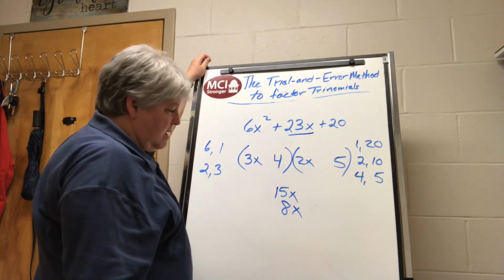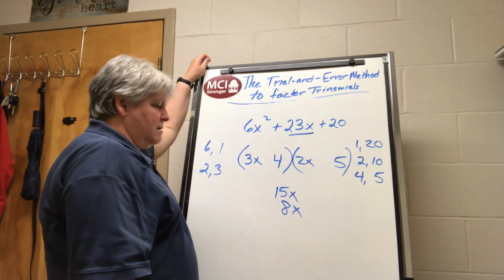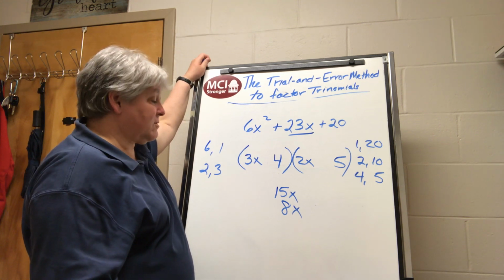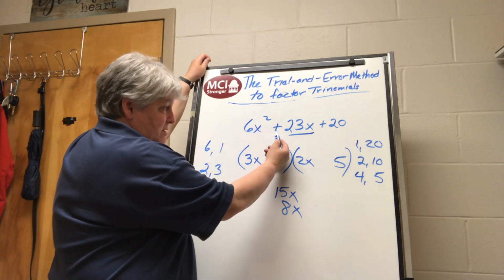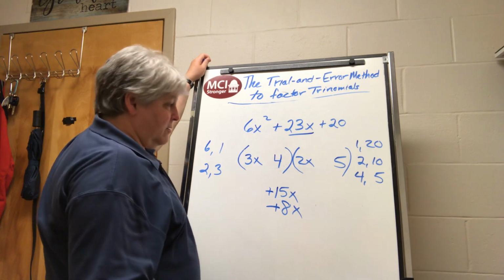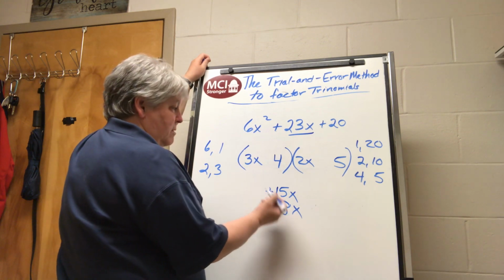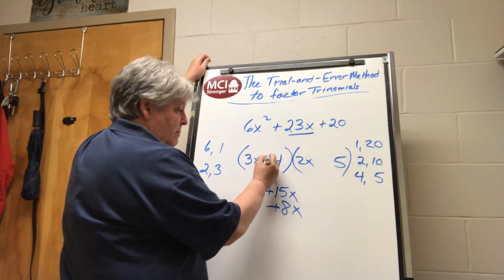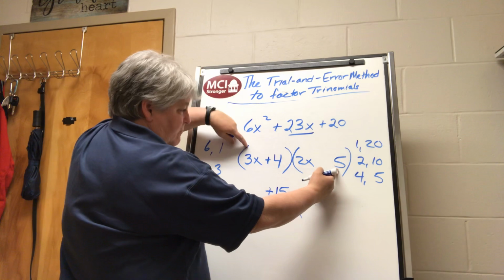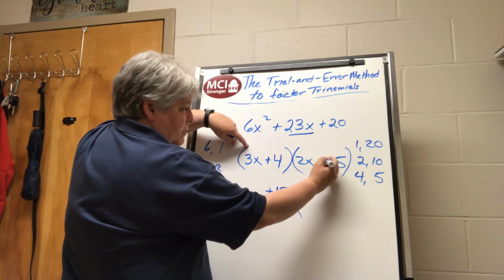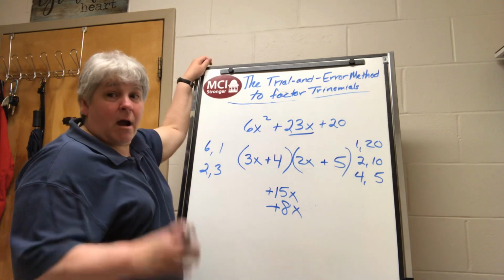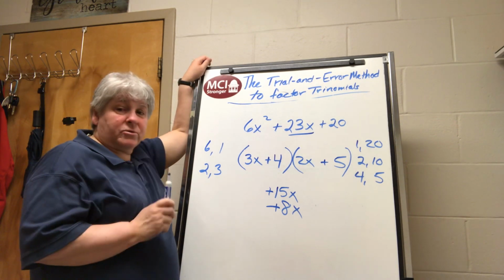So you take your calculator and you add 15 and 8, and you get 23x, if both of these are positive. So what I do is I come up here, here's where the 8x came from, I'll make it positive, so I get a positive 8x. And the 15x came from these, so let's make the 5 be positive, and that'll ensure we get a positive 15x. Are we done? Almost.